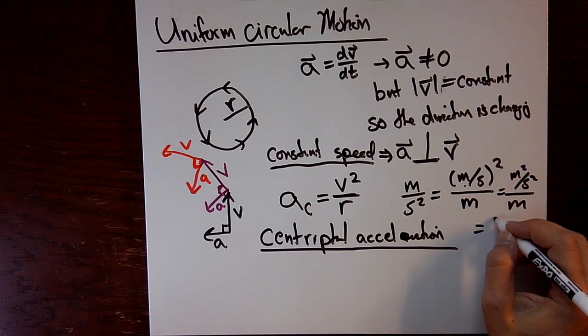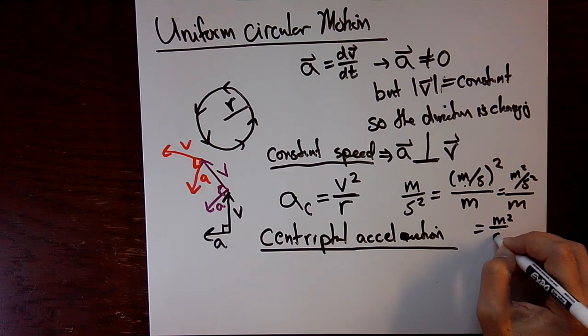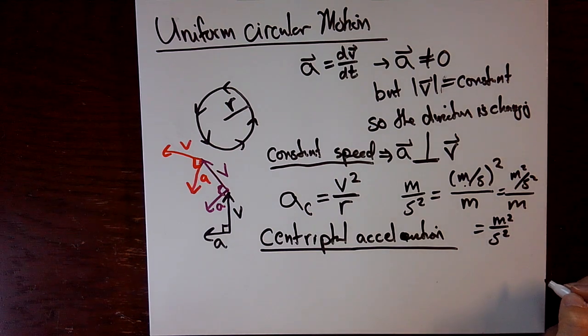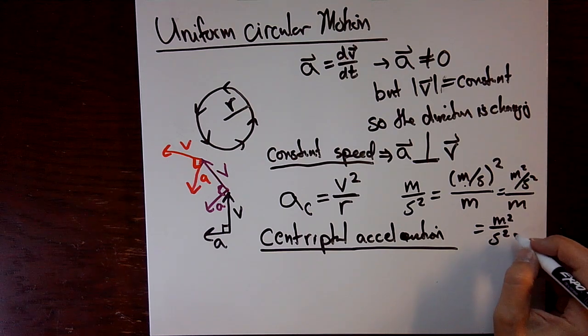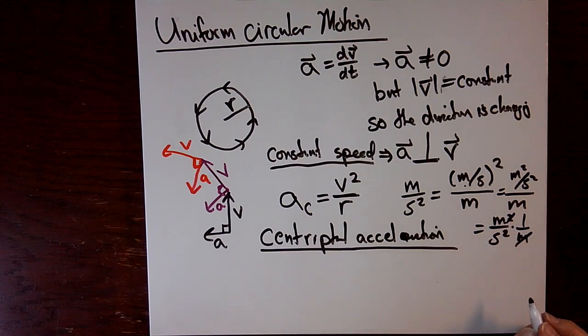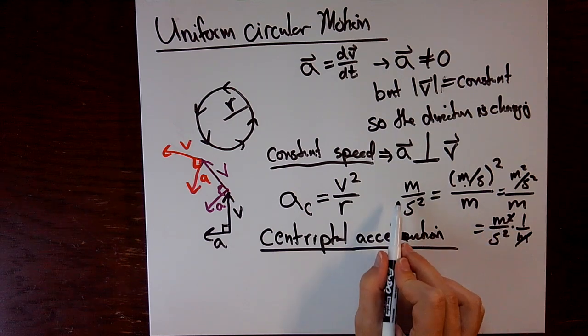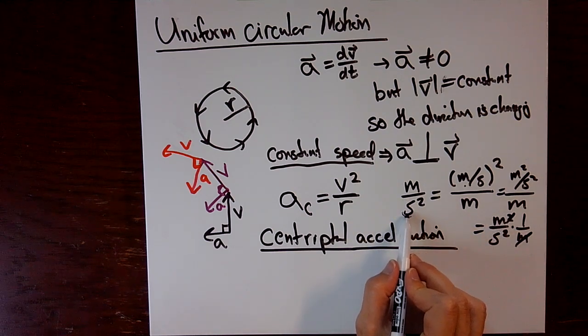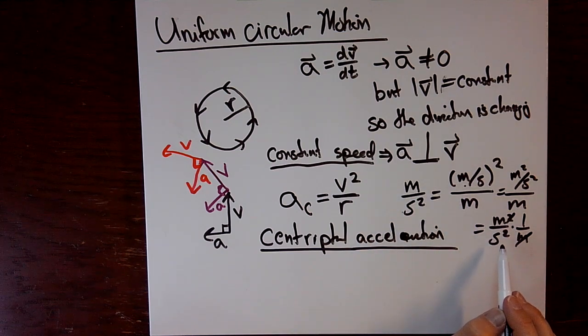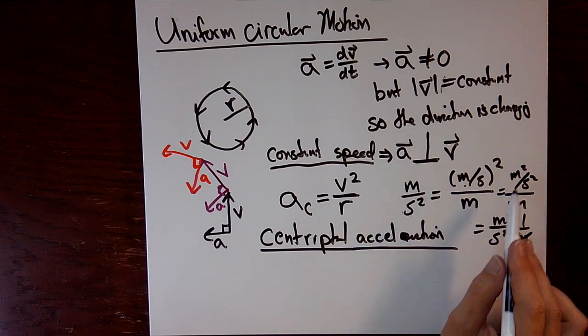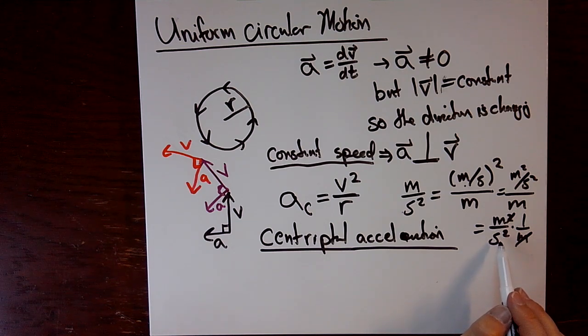But then we are dividing by meters, so let's multiply by the reciprocal, which is 1 over meters, and one of those meters cancels, and we end up with meters over seconds squared, which is what we should have. So whenever you meet a new equation, it's always good to work through the units and make sure they're working out okay.